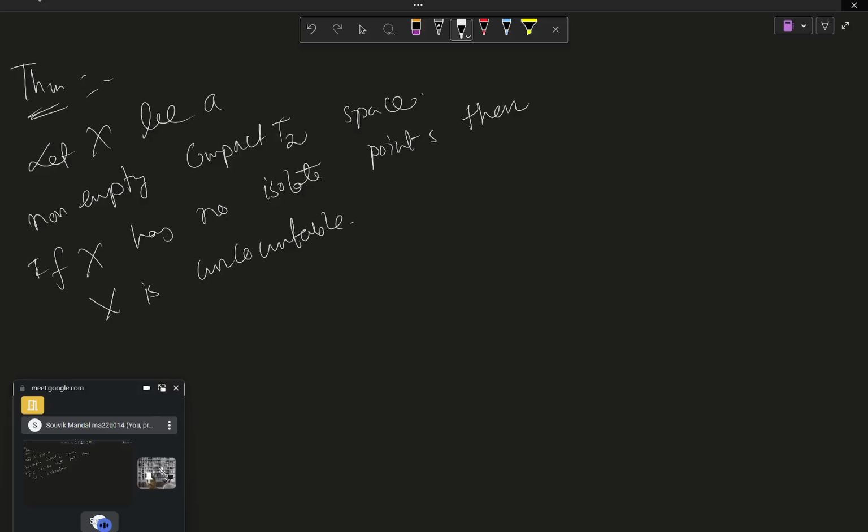For example, this implies what? The closed interval [0,1] is uncountable, the real line as well.